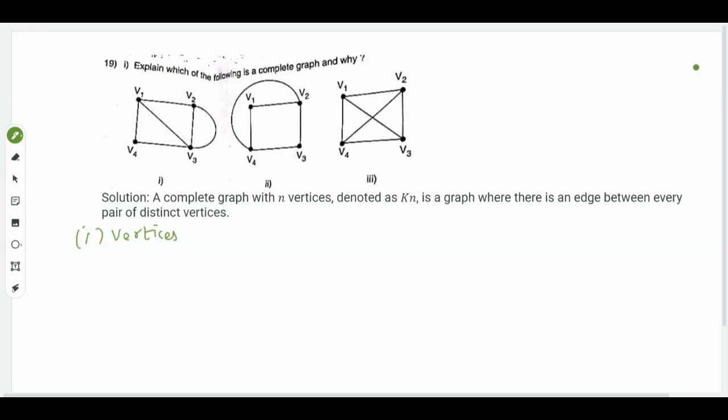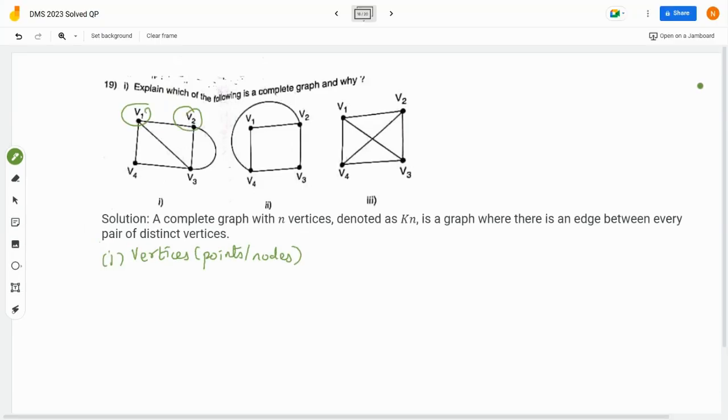Vertices are nothing but points or nodes. So how many points and nodes do we have? It is 1, 2, 3, 4 nodes, 4 points. V1, V2, V3, V4. Then we will find the edges. Edges are nothing but lines.